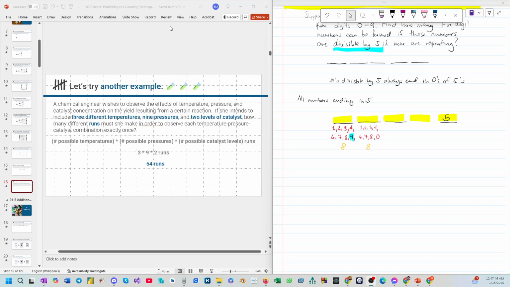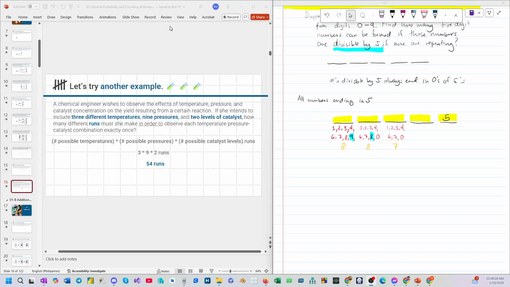So how about for this one, the third number? Kunyari, pinili natin si number 8 na lang. So you have 1, 2, 3, 4, 6, 7, and 0. Ilan to? 7.